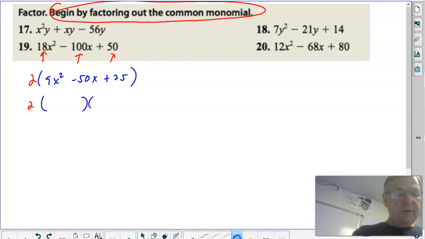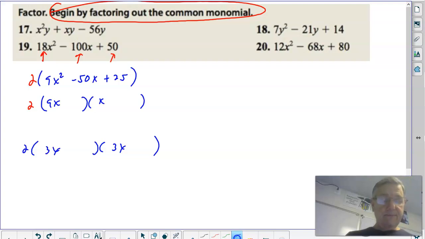Now for the trinomial, 2 parentheses. But notice I'm going to have 9x and x, or I'm going to have 3x and 3x, right? Both possibilities. So I'm prepared for both. All right, 5 and 5 or 1 and 25. Got to be 5 and 5. Oh, look at this one. 5 and 5.